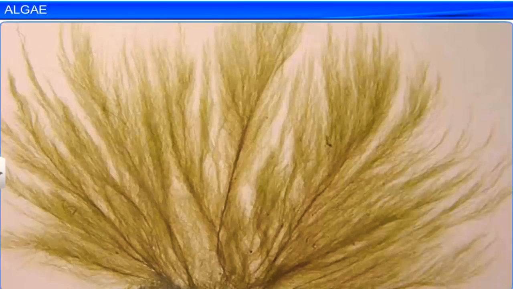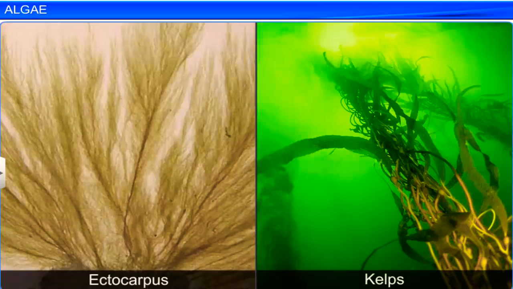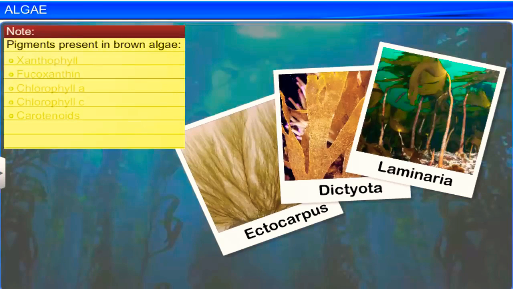For instance, Ectocarpus displays filamentous form, whereas kelps are profusely branched and can measure 100 meters in height. They also vary in color due to the varying concentration of the pigments, xanthophylls and fucoxanthin. Apart from these pigments, chlorophyll A, C, and carotenoids are the other major pigments found in brown algae.